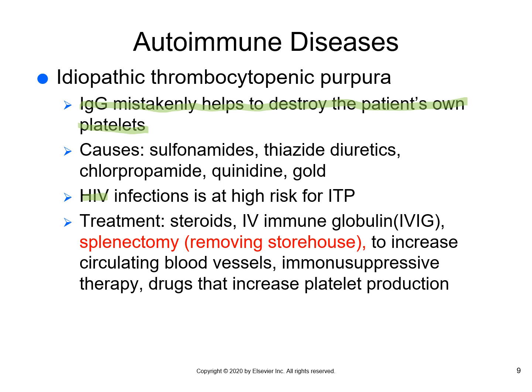How do we treat this? We can give steroids, we can give IV immunoglobulin, and if it gets really, really bad, that the patient's own immune system is attacking the body, then we can remove the spleen, right?